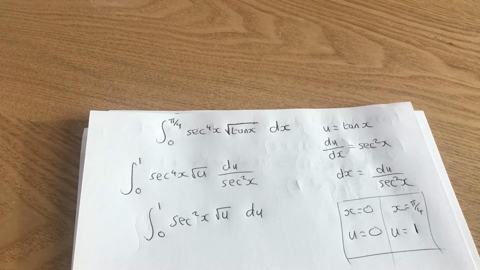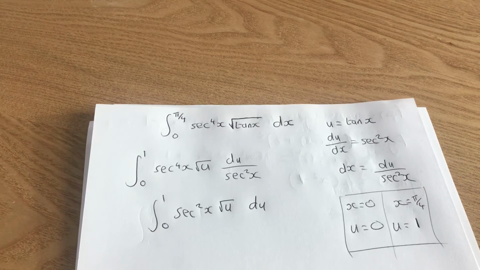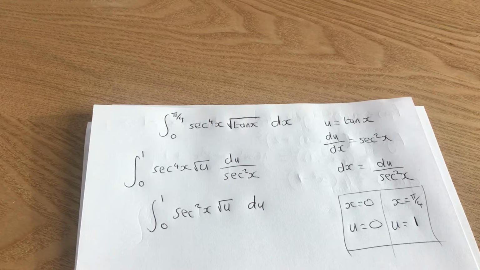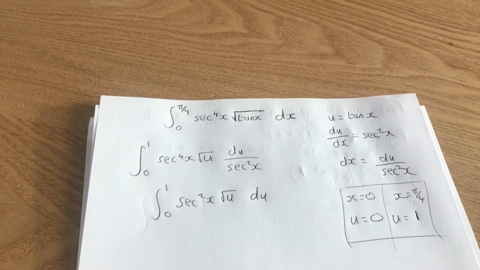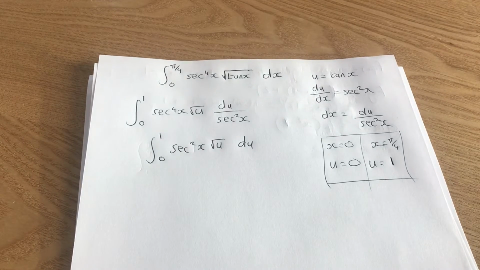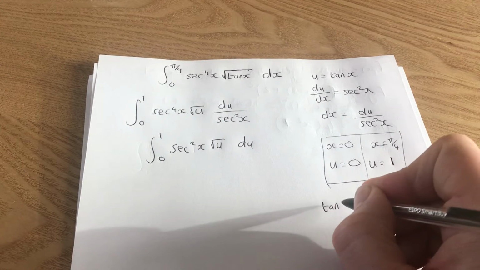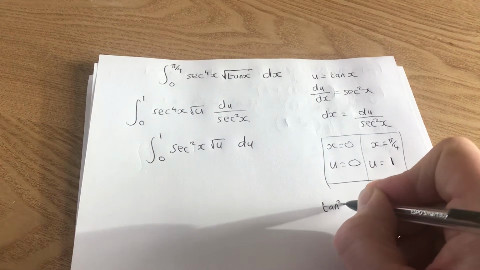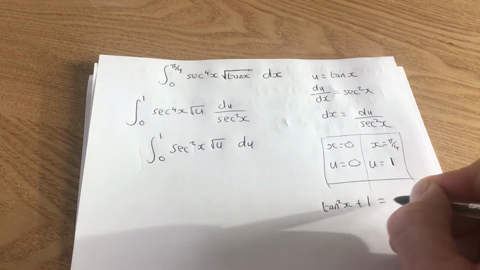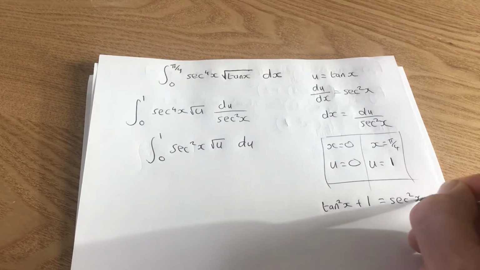Okay, yeah, there's still a bit of a problem. We're still left with sec squared. We don't like it, do we? We don't like it one bit because it's getting in the way of doing the final integral. But we have a think back. I know tan squared x plus 1 equals sec squared x.